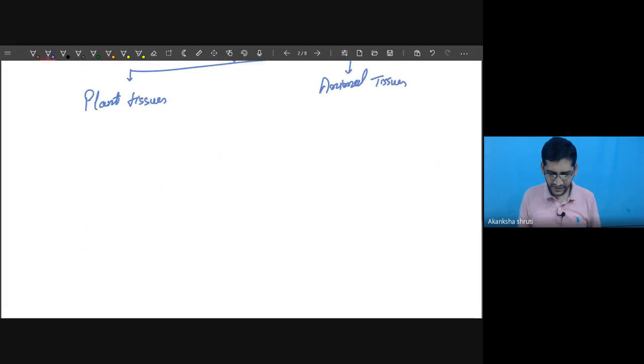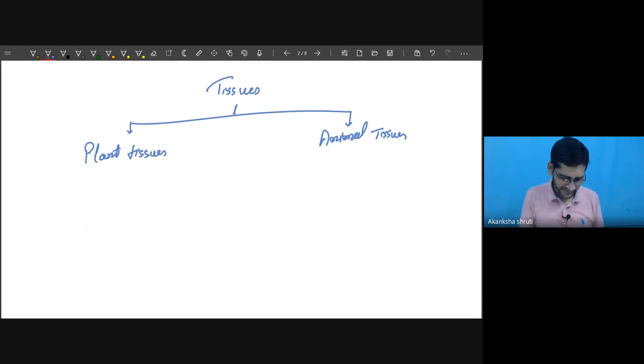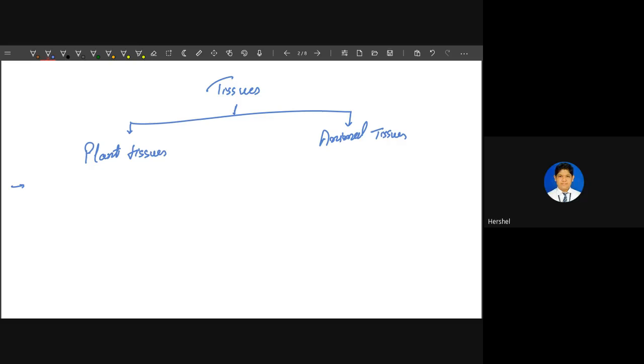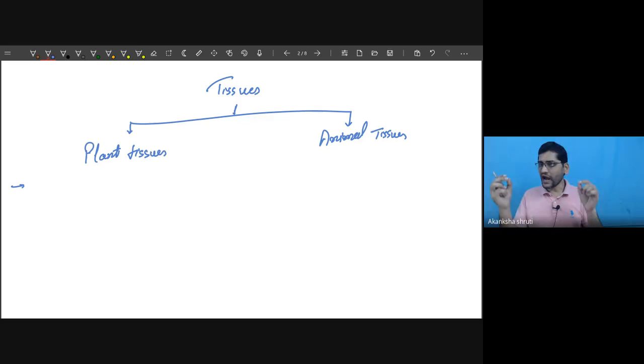Students, the prime requirement of plant is, plants do not live in the house. They have to tolerate different kinds of seasons, even the scorching heat and the winter. Therefore, their outer surface is very thick. That is called the protective tissues.